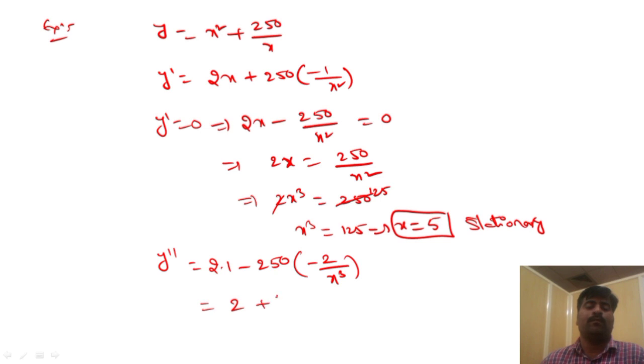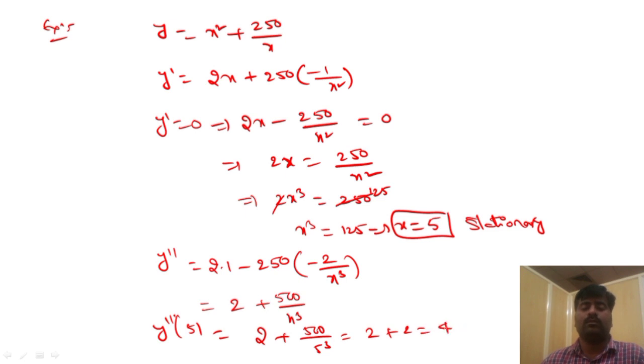So this is 2 + 500/x³. Now y''(5) is 2 + 500/5³. Anyway, this is positive. 5³ is 125, and 500/125 is 4. So 2 + 4 is 6, which is greater than 0.